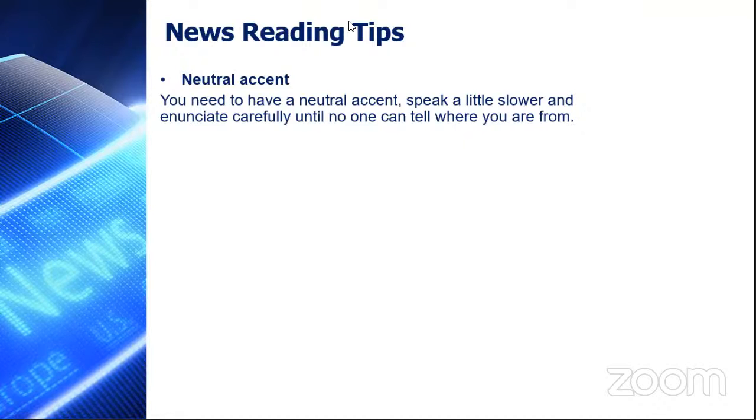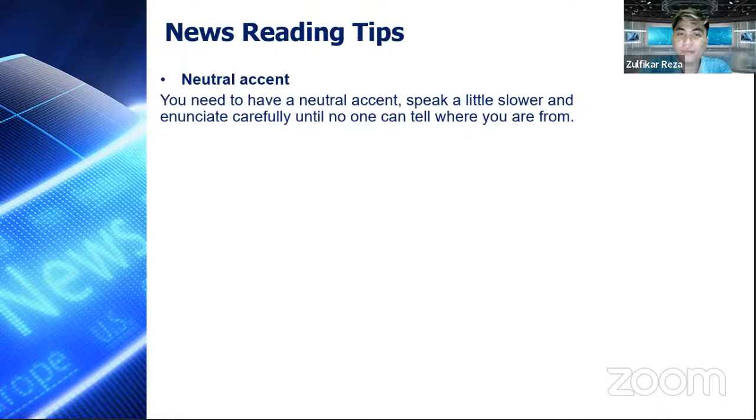Okay, so one of the first few tips that I have come across is that when you want to read the news, you have to have a neutral accent. So what that means is that you cannot have a very thick accent, because if you watch some news, usually the news anchors have very neutral accents.